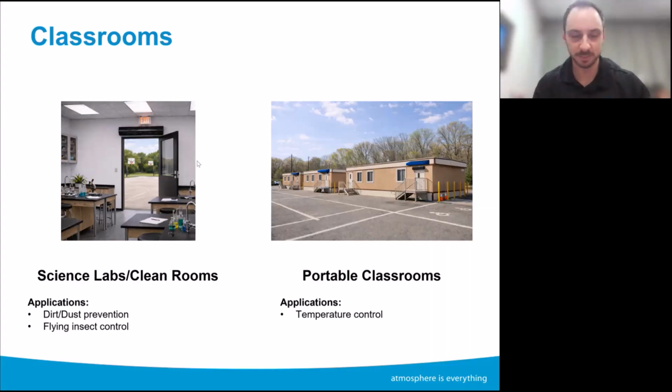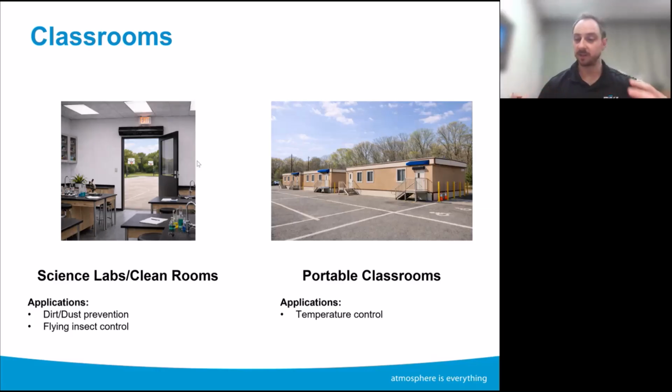That's kind of the bread and butter, especially in these K through 12 applications. The two examples I have here are science labs and clean rooms, and then portables. Briefly touching on the science labs and clean rooms, whether that's a high school science lab or a clean room at the university level, these are very controlled environments.